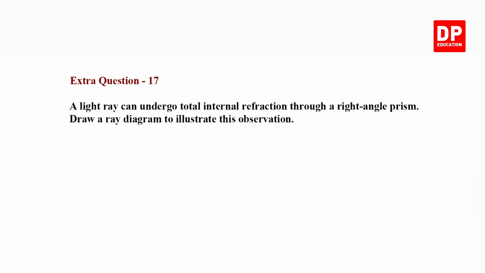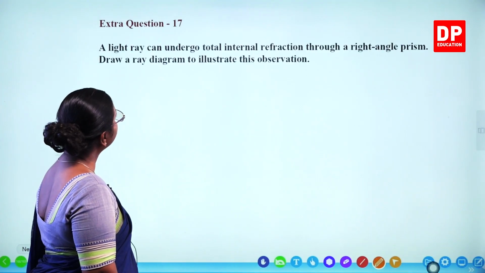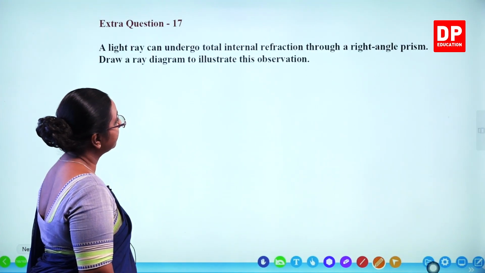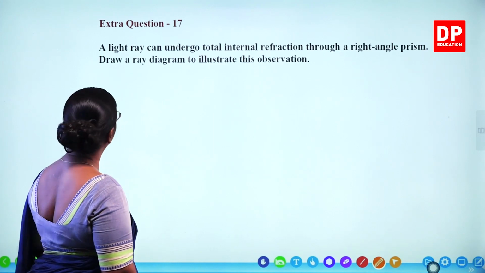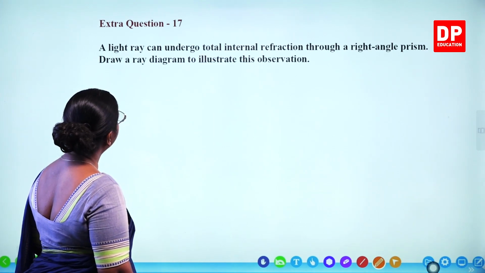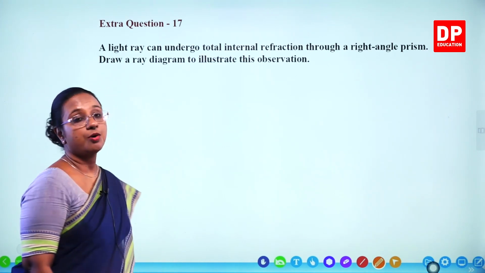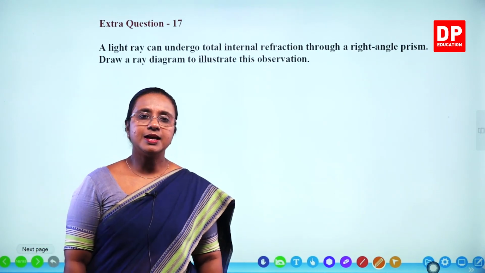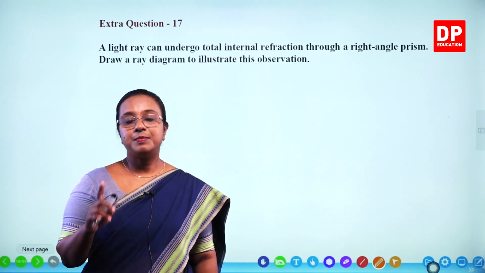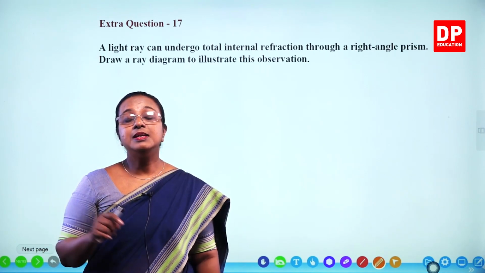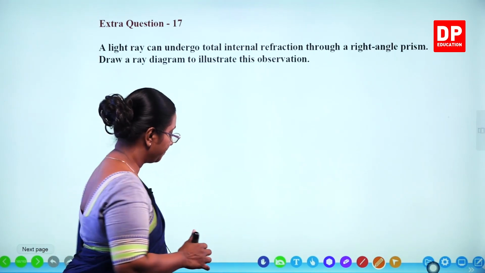Extra question 70. A light ray can undergo total internal reflection through a right angle prism. Draw a ray diagram to illustrate this observation. What is a right angle prism? A prism that has a 90 degrees angle.